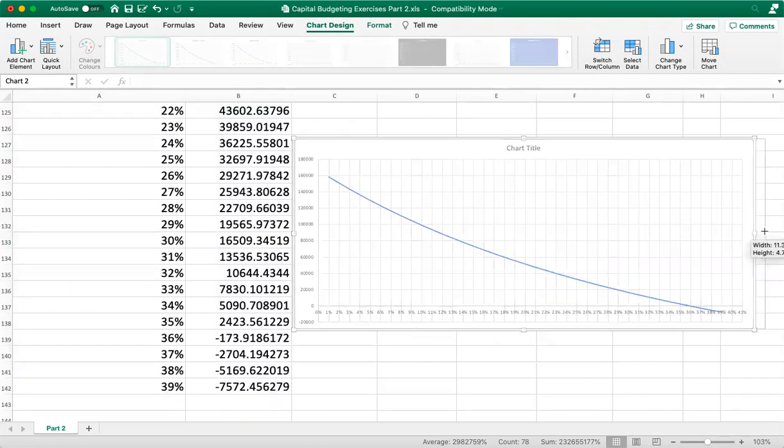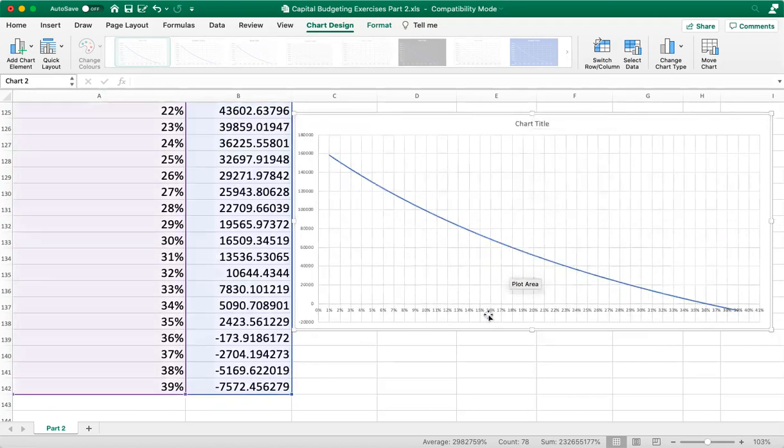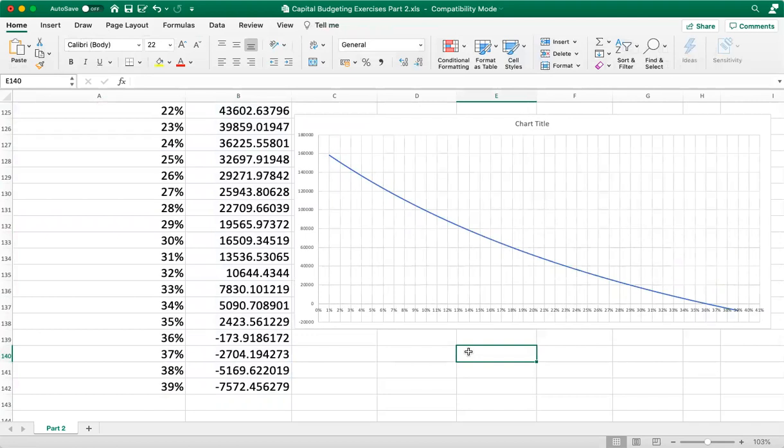So now it is showing you, if you make your graph a little bit bigger, you can see the IRR of this project is very close to 36%. We know it is 35.9, very close to 36%. So you know your chart is correct. So we now have our IRR graphically between 35 and 36.